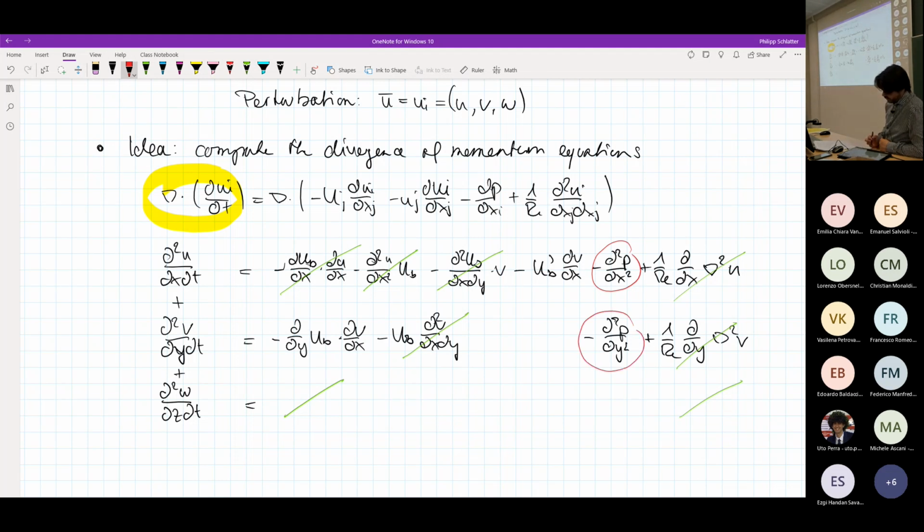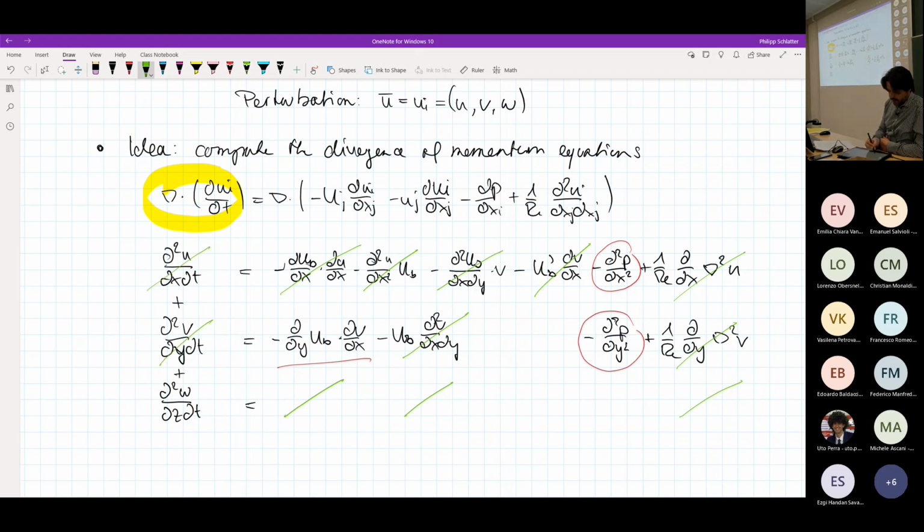It's this one here, and it will be this term here that is left. Actually, this one will also be 0. So essentially, most of the terms of this one will also go away. With this one, we have also said most of the terms will actually disappear at the end of the day because of the idea that we do the divergence of the equations.